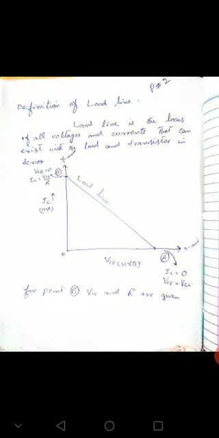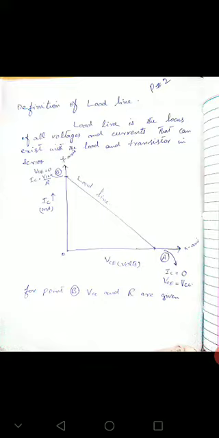On y-axis there is intercept B, where for zero value of VCE, IC is equal to VCC over R. And on x-axis there is intercept A. For point A, for zero IC, we take VCE equal to VCC.